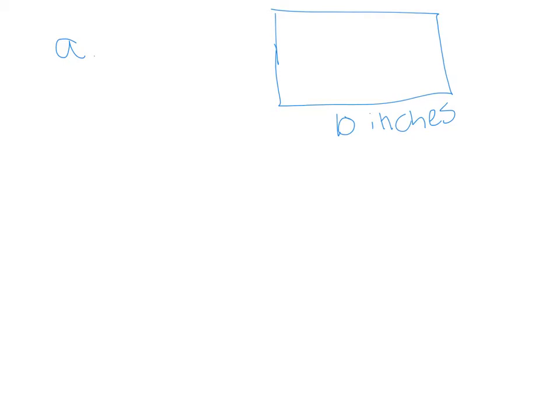Okay, for number 1 on the mid-module 2 study guide, I am going to start with A. Draw and solve with a model if I have a rectangle that has a length of 10 inches and an area of 5/8 inches squared.